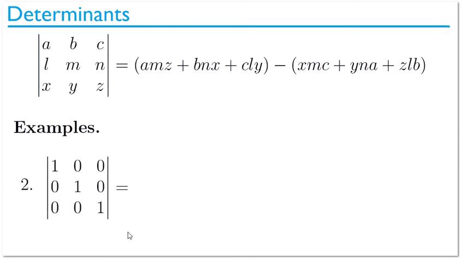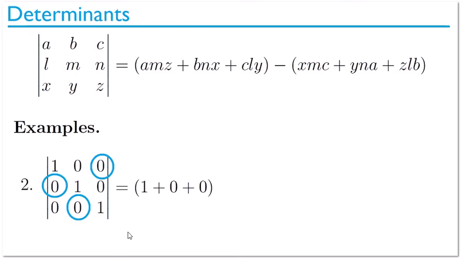Another example, let's consider this identity matrix, the identity matrix of size 3. So first, we go to our main diagonal, 1 times 1 times 1, that is 1. To our right, the product is 0.